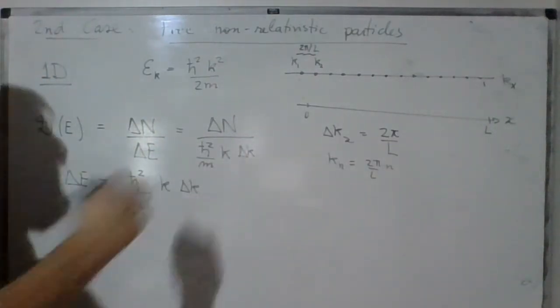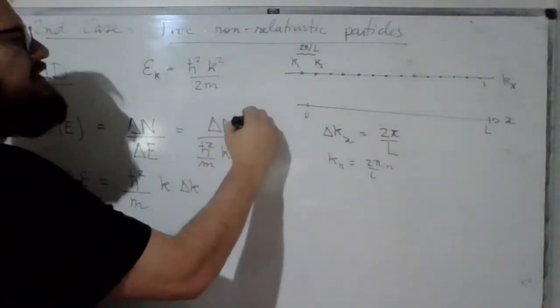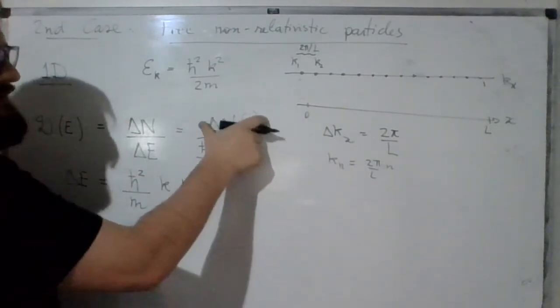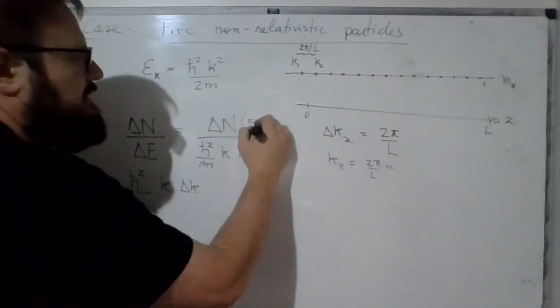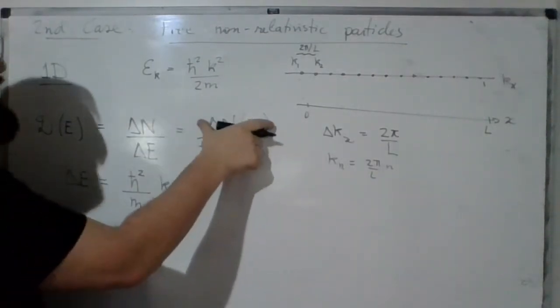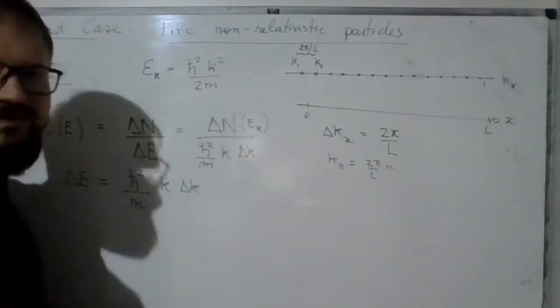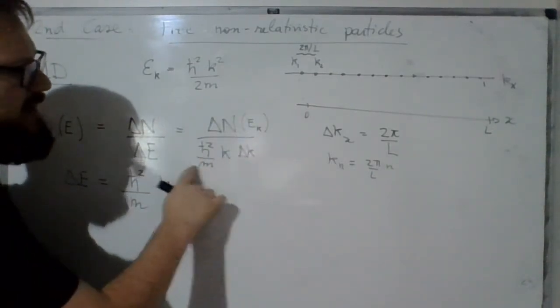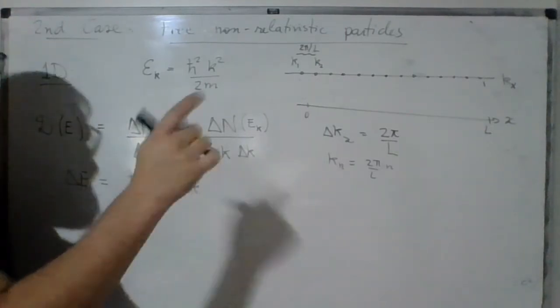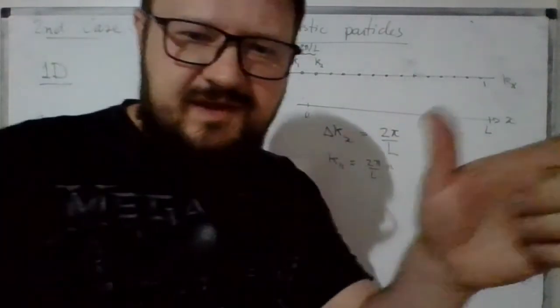divided by h bar squared over m, a given k times delta k. Right? So around the energy E, I need to calculate, which depends on the given k. Okay, so we need to calculate the number of allowed states and divide it by h bar over m k delta k, because this is the delta E for an infinitesimal delta k.